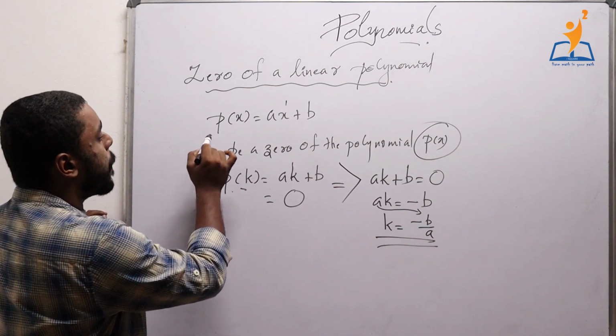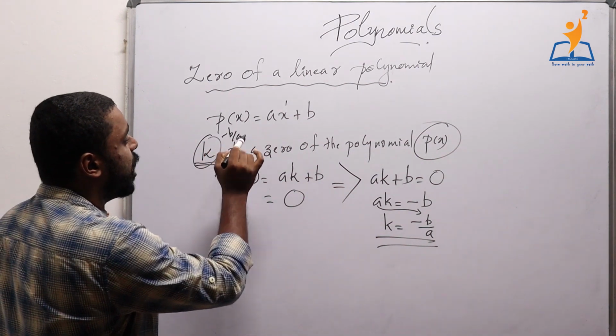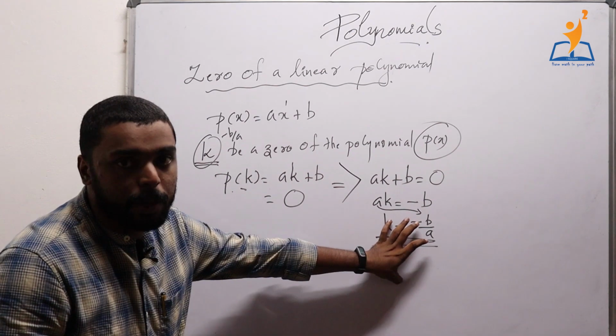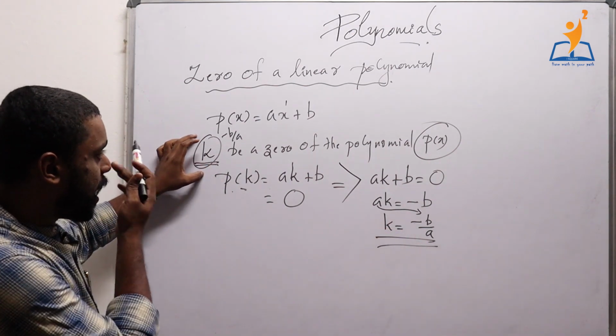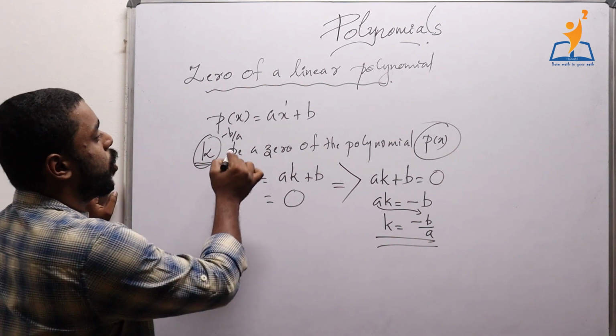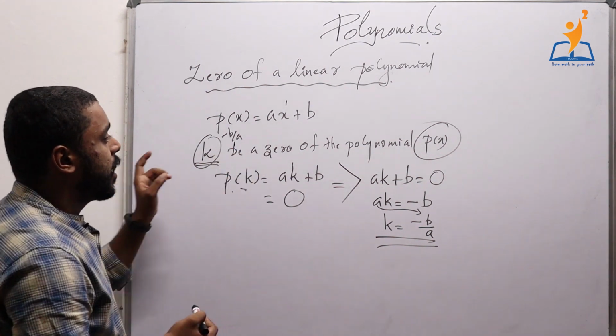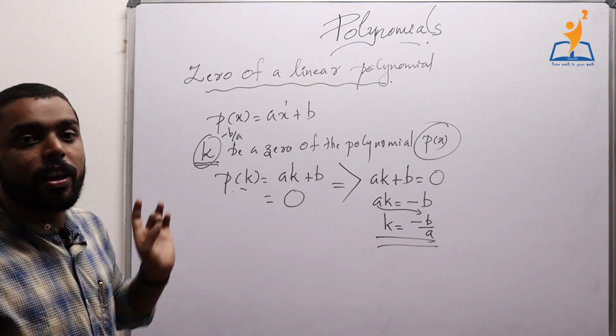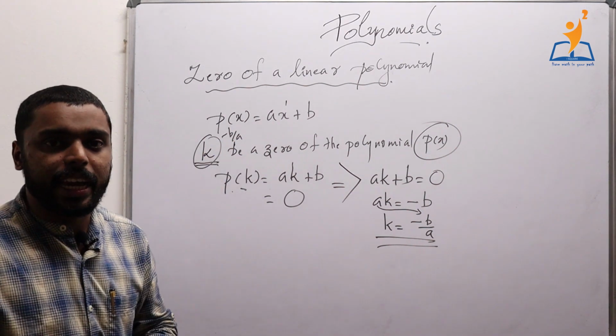That is, minus b by a will be a 0 of ax plus b. So instead of k, now we can easily locate the 0 as minus b by a. So for a polynomial ax plus b, the 0 will be minus b by a.